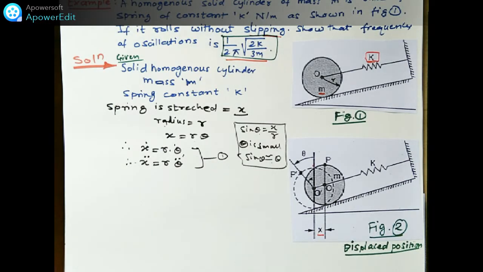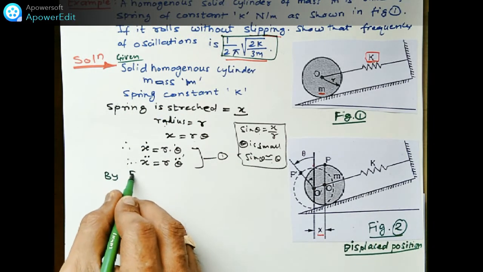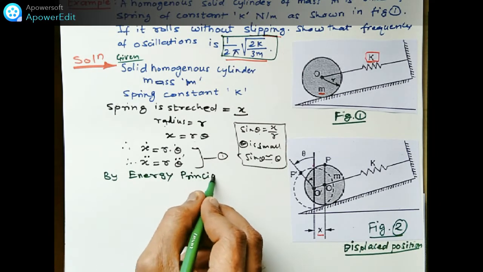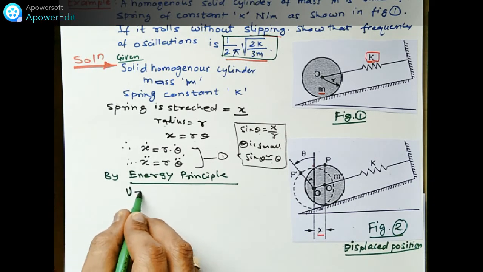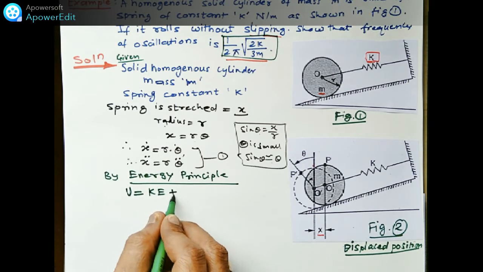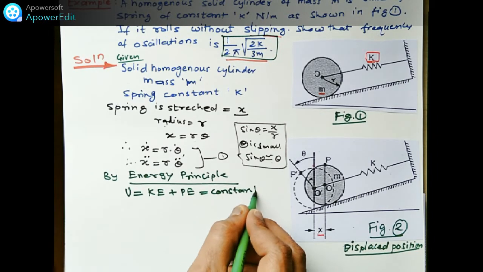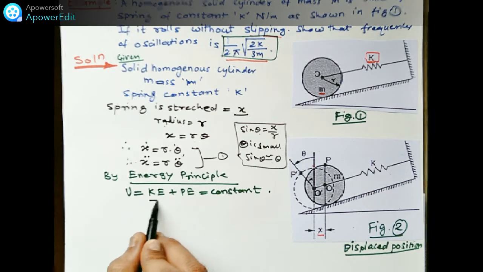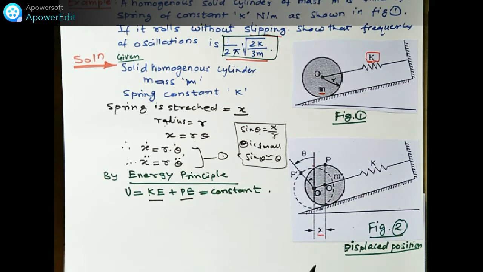Now we use the energy method, or principle. What the energy principle says: U is equal to Ke plus Pe, which is constant. To solve this numerical, we require the total kinetic energy of the system and the total potential energy of the system, so we can find the total energy.